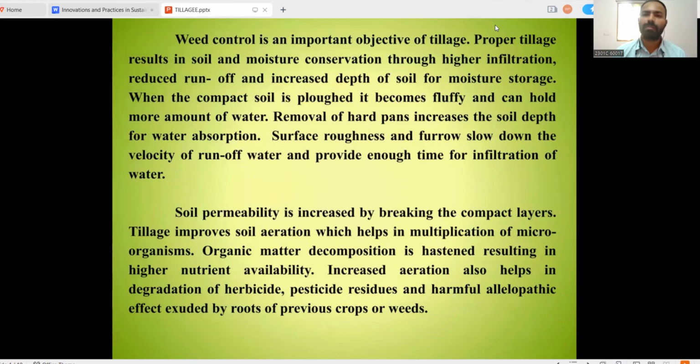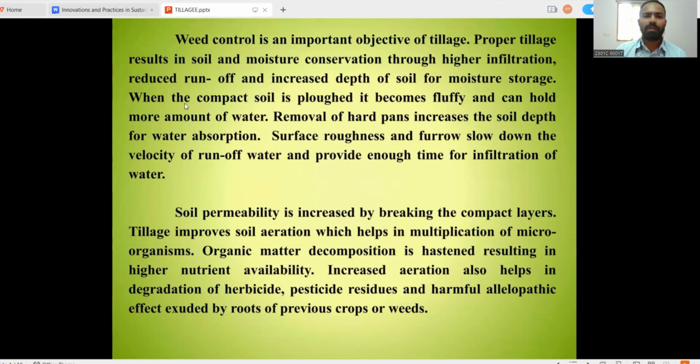Your water will be infiltrated into the soil in a very good way. And what will happen again? It will reduce your runoff and increase the depth of soil for moisture storage. And then what? When compact soil is plowed, it becomes fluffy and can hold more amount of water.